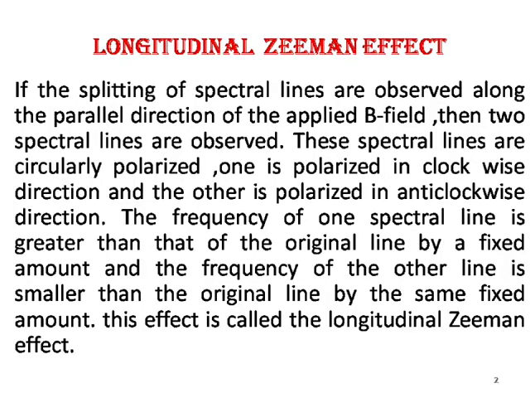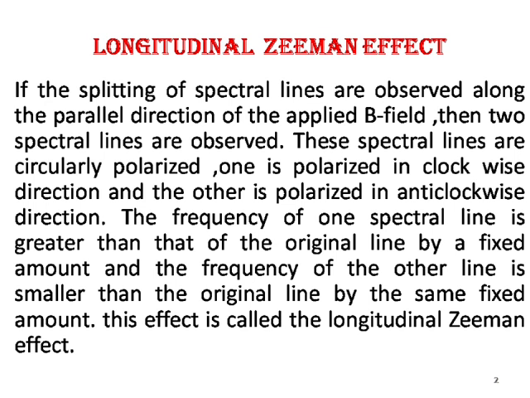Now, longitudinal Zeeman effect. If the splitting of spectral lines are observed along the parallel direction of the applied B field, then two spectral lines are observed. These spectral lines are circularly polarized. One is polarized in clockwise direction and the other is polarized in anti-clockwise direction.